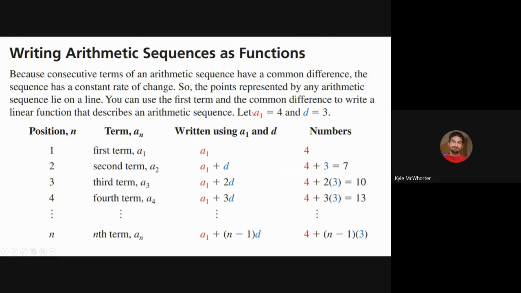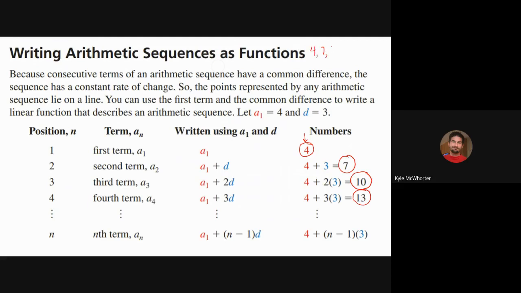So for this sequence that we're going to look at right now, we're going to let the first term be 4, and the common difference is 3. So here are the numbers, right? The first term is 4. The common difference is 3. So our sequence goes like this: 4, 7, 10, 13, ... This is the sequence that we're working with.